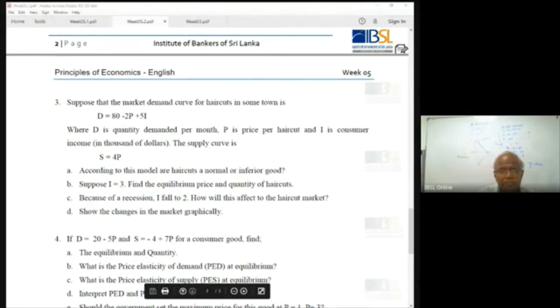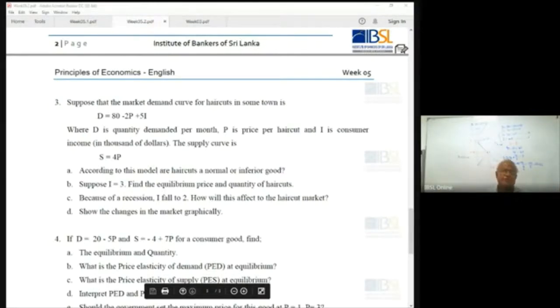The next question is, because of a recession, I falls to 2. How will this affect the haircut market? Income falls from 3,000 to 2,000. Recession means income decreases, GDP decreases, prices decrease.